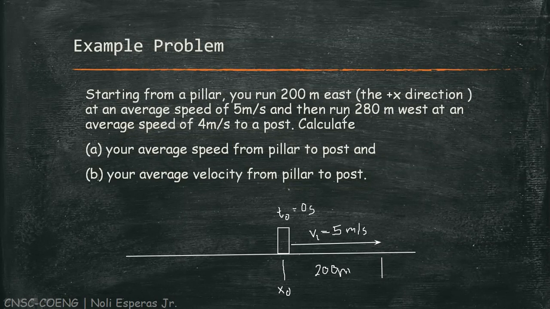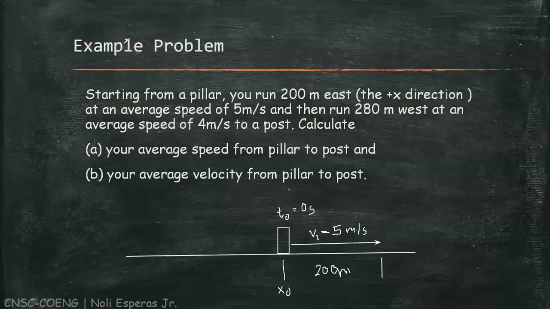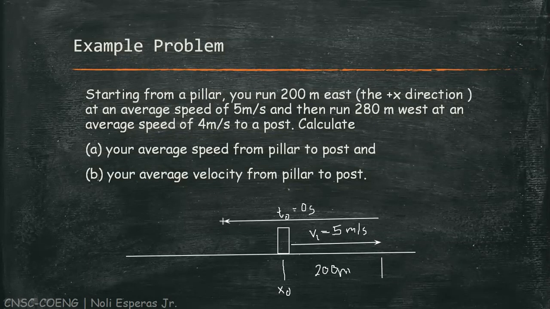And then you run 280 meters west at an average speed of 4 meters per second to a post. Meaning after you run 200 meters to the east, you run another 280 meters, and this time going to the west, and stop at a post.